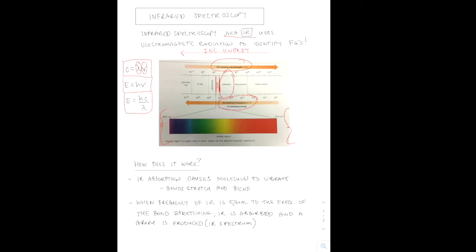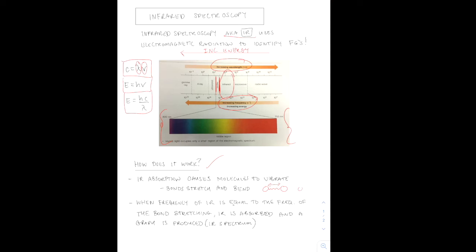Okay, so how does IR work? IR absorption basically causes molecules to vibrate, and this can be in the form of stretching or bending. So imagine, it's a common physics example as well, but you can also just think of two atoms that are bound together, and then as they stretch apart from one another, that would be the bond stretching.